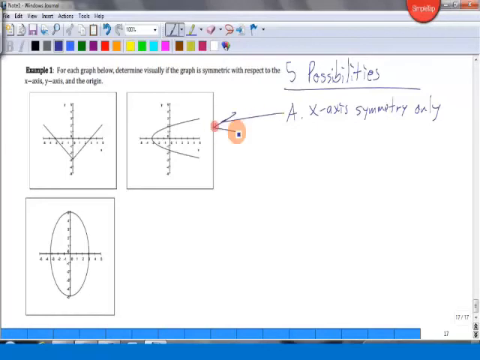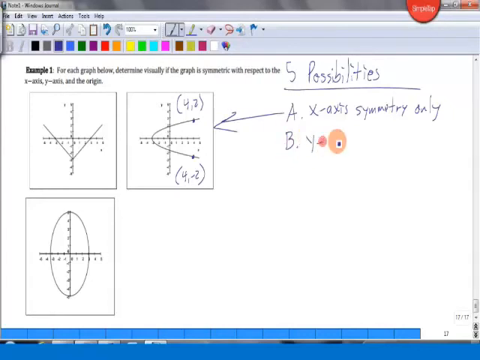This one right here is symmetric with respect to the x-axis. For example, the point 4, 2 is on there, and its image 4, -2 is also on there. If you fold the graph about the x-axis, the top half and the bottom half will coincide. So that is x-axis symmetry only. It doesn't have y-axis symmetry. It doesn't have origin symmetry.